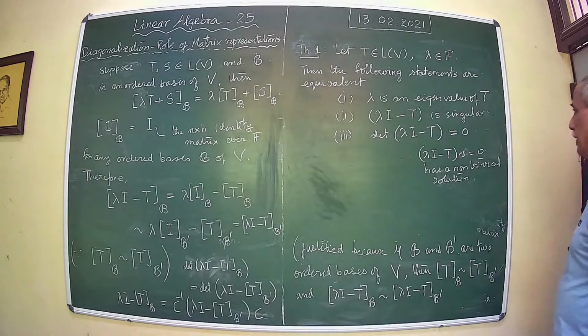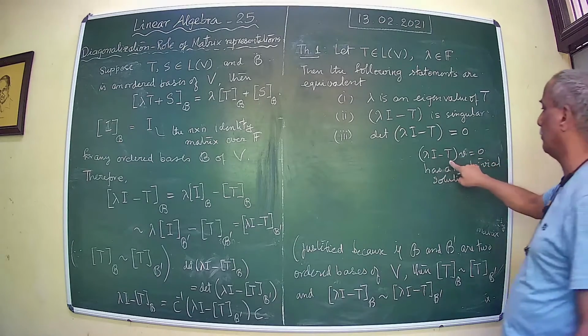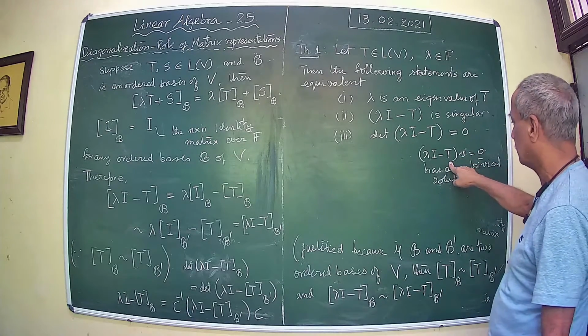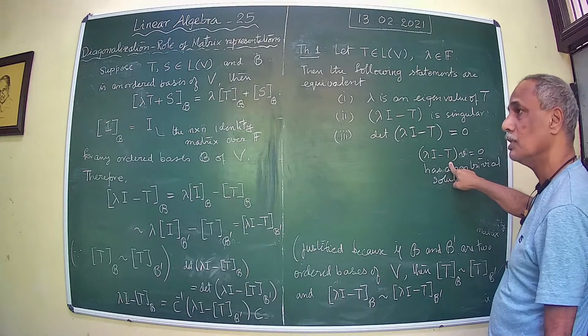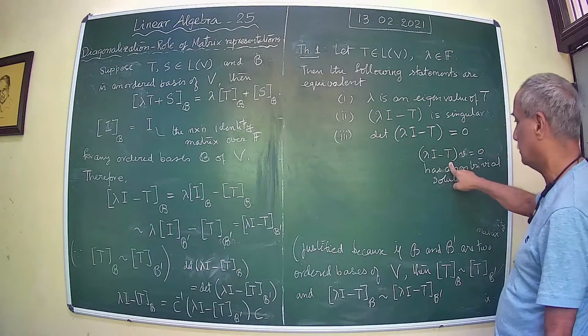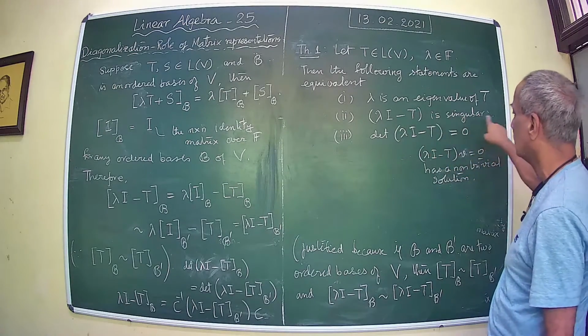Suppose lambda is an eigenvalue, then this is a non-trivial solution, which in turn implies that lambda I minus T is a linear transformation on V which is not 1-to-1, which implies lambda I minus T is singular.